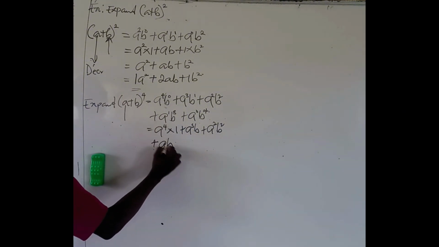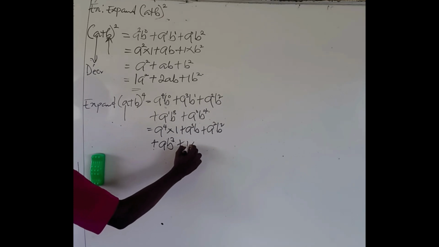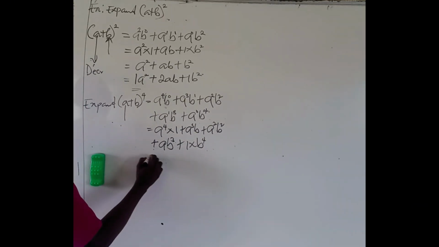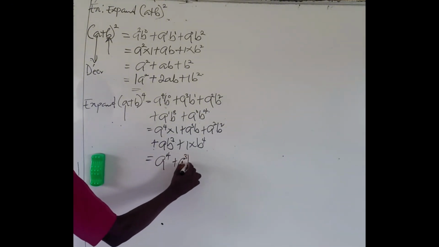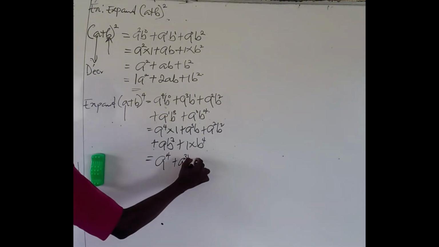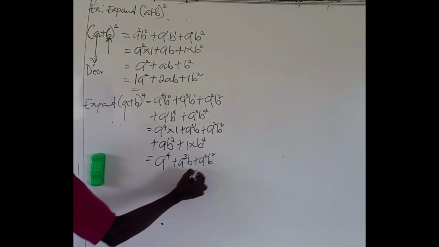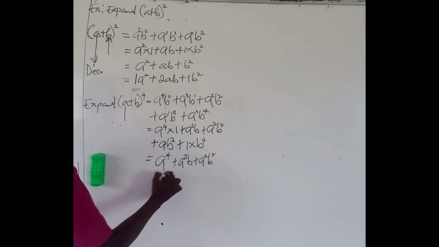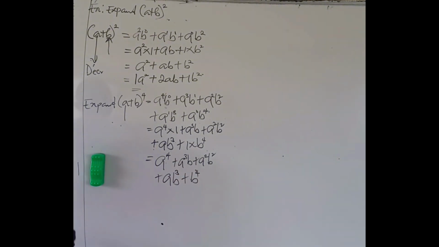A multiplied by B raised to power 3 plus A raised to power 0 will give you what? 1 multiplied by B raised to power 4. So we are going to have A raised to power 4 plus A cube B raised to power 1 plus A squared B raised to power 2 plus A multiplied by B raised to power 3 plus B raised to power 4.